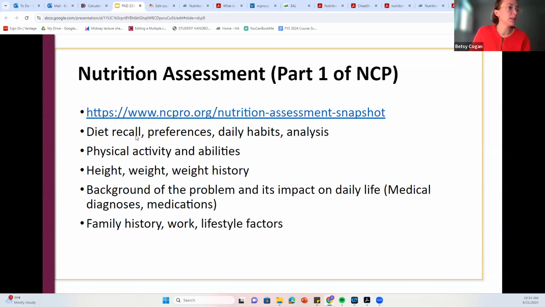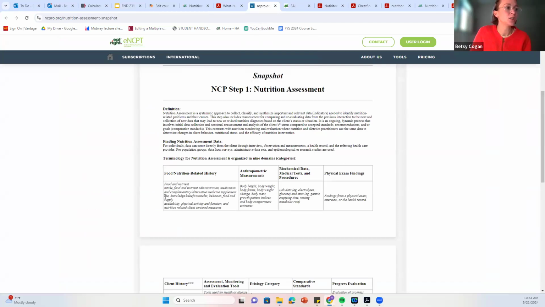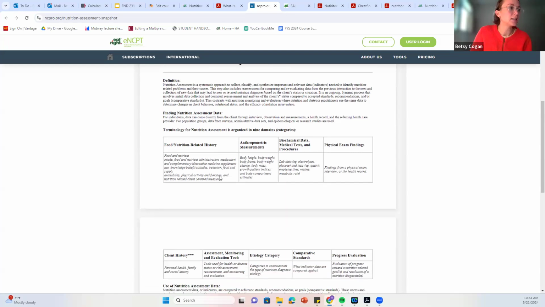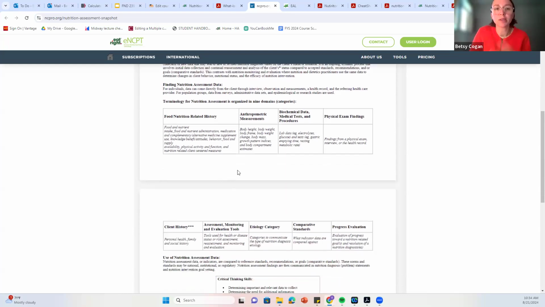So nutrition assessment, this tool is really great. This is the NCP Pro Nutrition Assessment Snapshot. It's linked on the Moodle page, but if you want to click the link here, it takes us to a link where we are getting some specific lingo and some specific guidance provided by the Academy of Nutrition and Dietetics. So when we're looking at nutrition data, we start with the A part, or the anthropometric measurements.